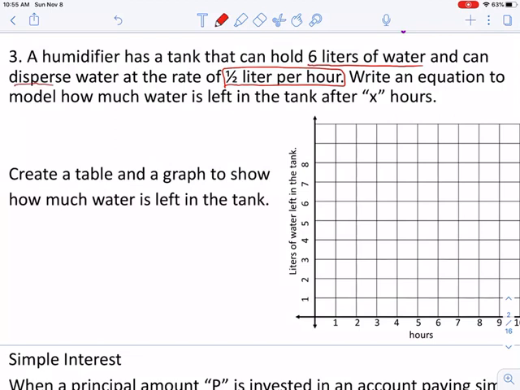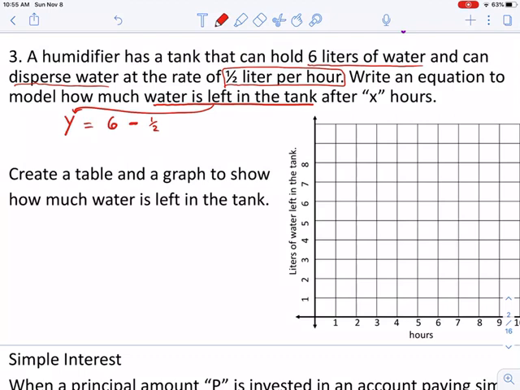So you're reducing, because you're dispersing water, you're reducing the amount of water in the tank after X hours. So if Y represents the total amount of water left in the tank, that's the Y. And it starts at 6 liters, starts at 6, but it's going down negative 1/2 liters per hour.